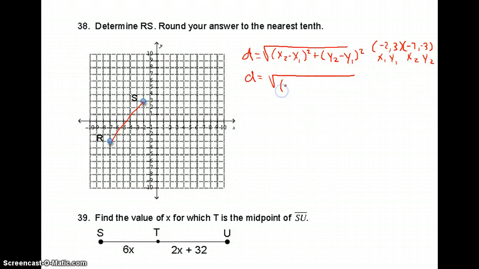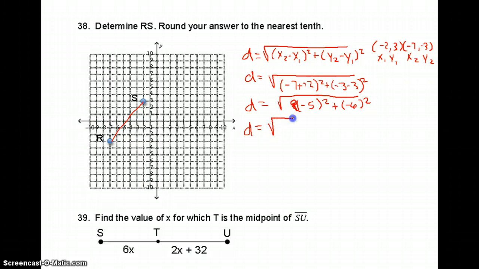So x2 is negative 7 minus x1, which is negative 2, squared, plus y2, negative 3 minus 3, squared. Negative 7 plus 2 is negative 5, squared, plus negative 3 minus 3 is negative 6, squared.